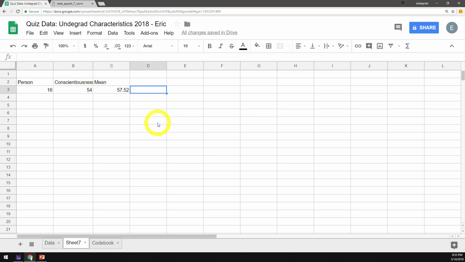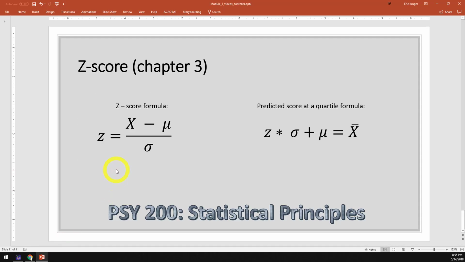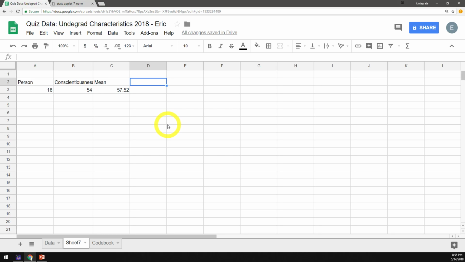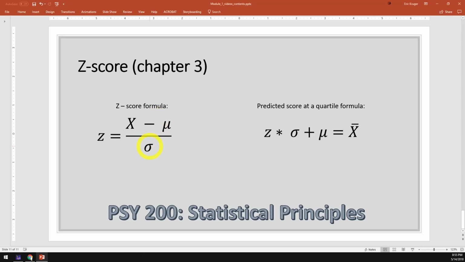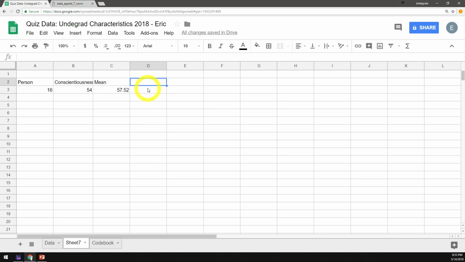So that's our mean. Now if we go back to this calculation, we also need to know the standard deviation. We have x, which is 54, and our mean is 57.52. Now we have to calculate the standard deviation. We'll make another column here called standard deviation.